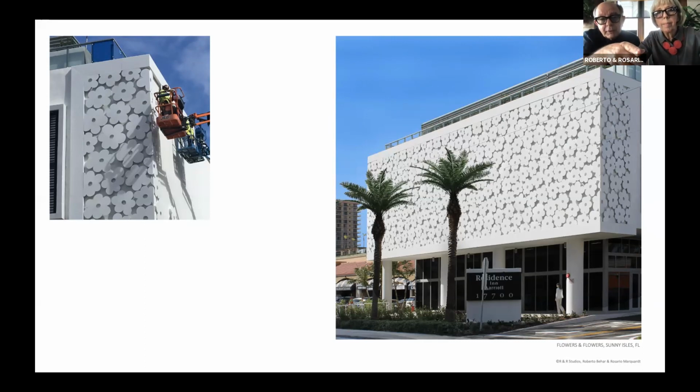On the left, you have the project being installed. You can see the size of each of the flowers. It's about 5 feet in diameter, approximately. You can also see how the flowers turn around the corner. It's a very precious detail that we're very proud of.